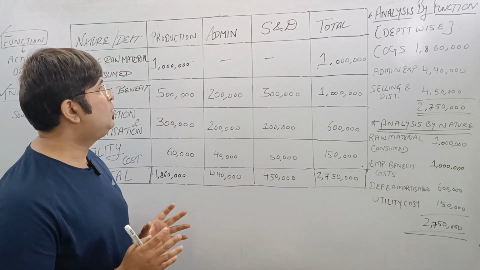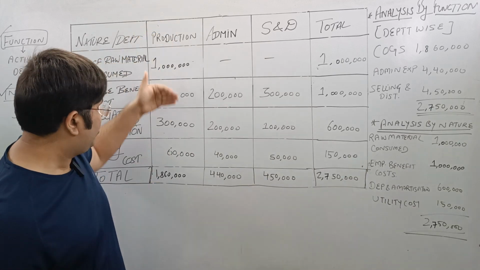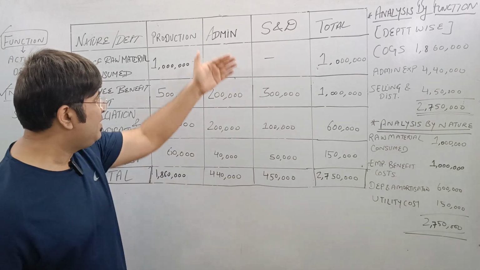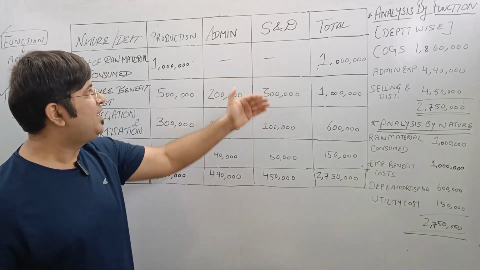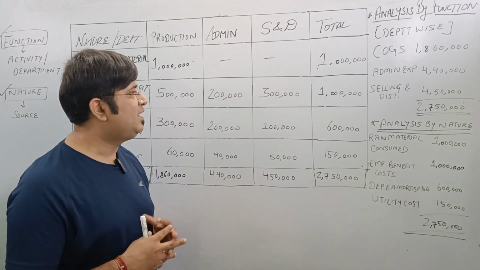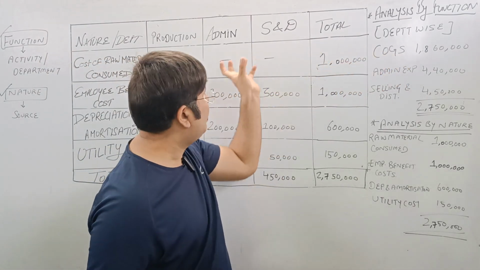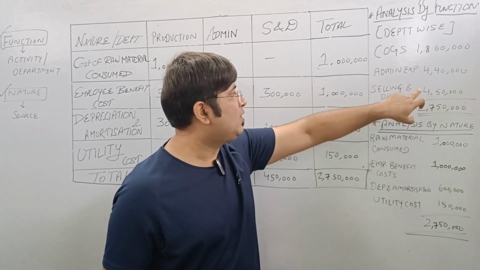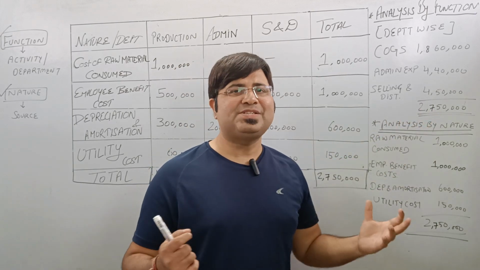Now, looking at the further analysis, the production department total is the cost of goods sold, the admin department total is the admin expenses, and the selling and distribution total is the S&D expenses. So the cost of goods sold, the production department total, is 1.86 million, then admin cost 440k, and selling and distribution 450k, the total comprising 2.75 million.